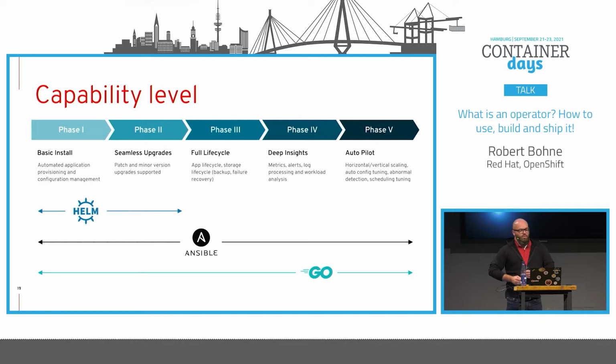If you want to write an operator with a full lifecycle, so with backup and recovery features, or with deep insights for metrics and alerting, or in full autopilot mode where your operator detects, hey, my database is running out of disk space, then it enlarges the disk, or it runs out of CPU and memory, then it maybe starts more pods or allocates more resources to your pods, then you have to use Ansible or Go.